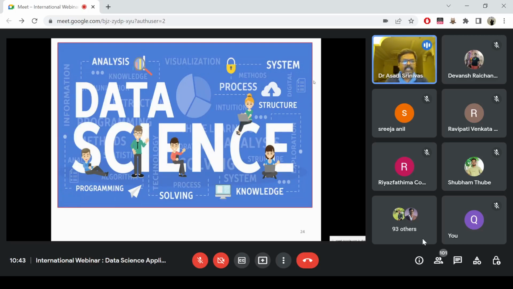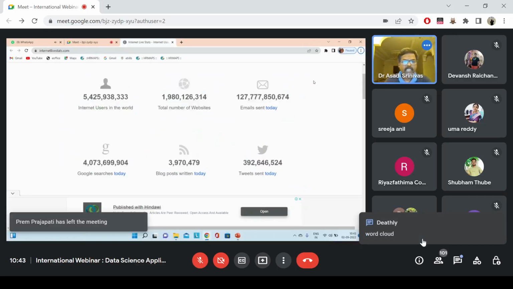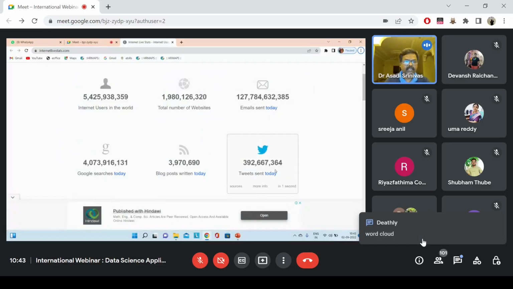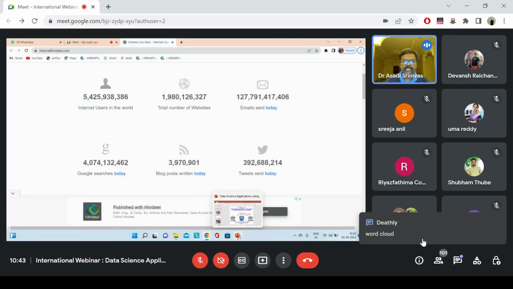Can anyone answer in the chat box? What is the technical name of this image? Can anyone answer? Please, what is the technical name of this image?